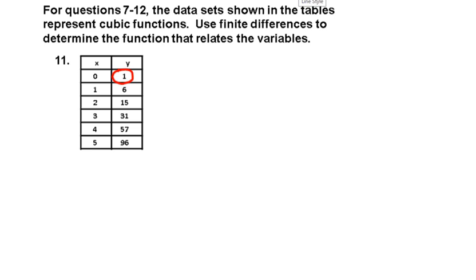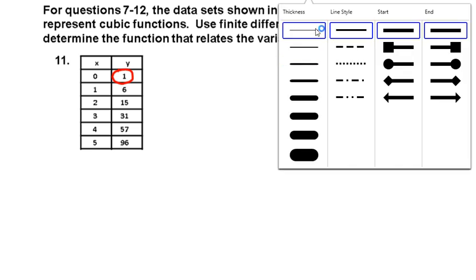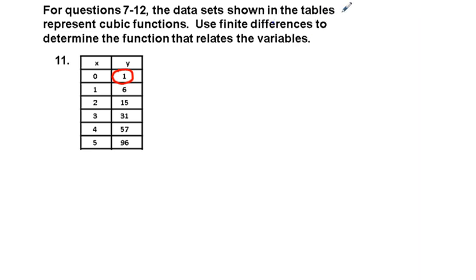So I'm going to put first the function up here. f of x equals ax cubed plus bx squared plus cx plus d. So already you know d is equal to 1. Next, we're going to go through our process here. And the numbers seem smaller here. May not need a calculator this time.